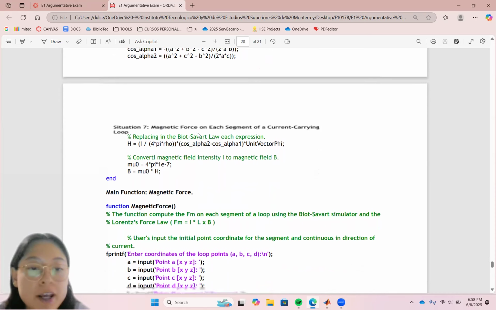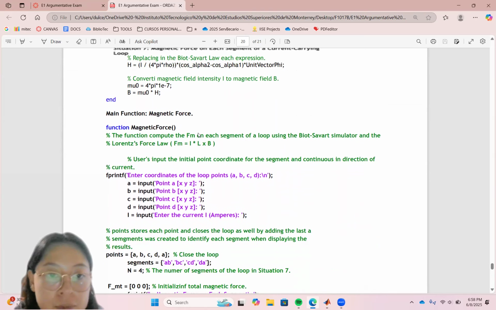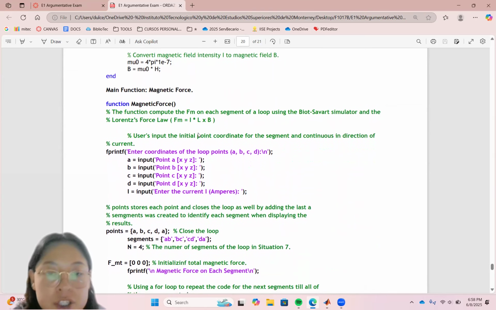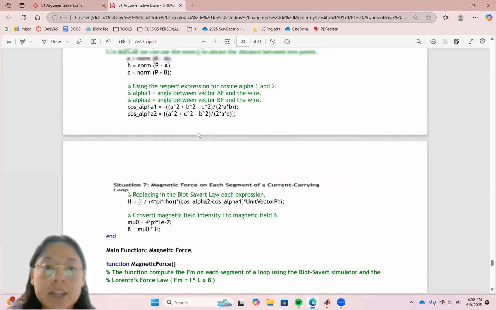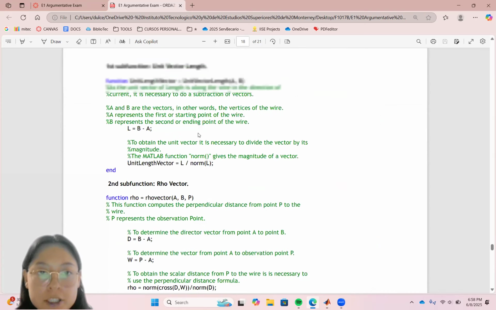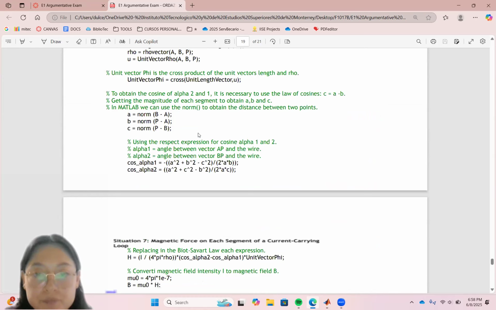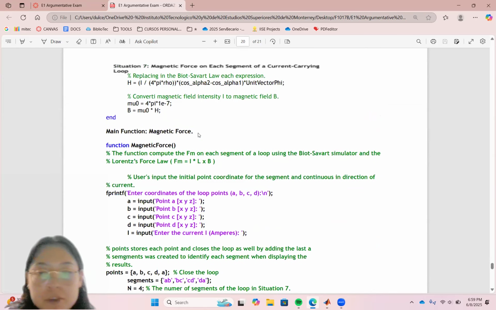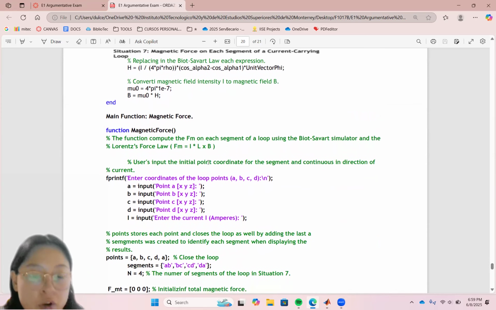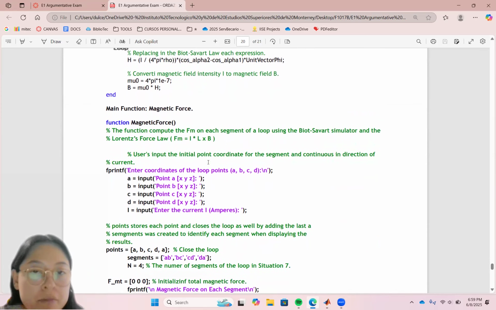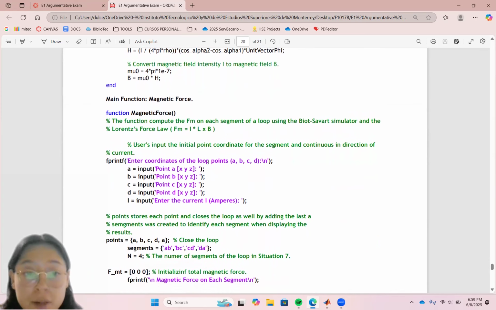And then what I did was to write my main function, which obtains the magnetic force. My function computes the magnetic force on each segment of the loop, in this case, this loop, using the Biot-Savart simulator and the Lorentz force. In this case, I didn't use the integral because I already know the specific segments of the loop.